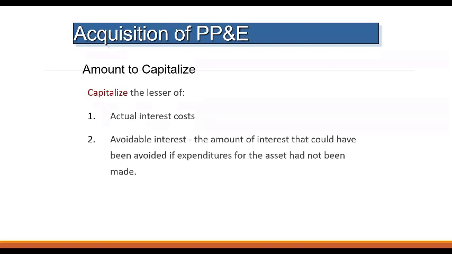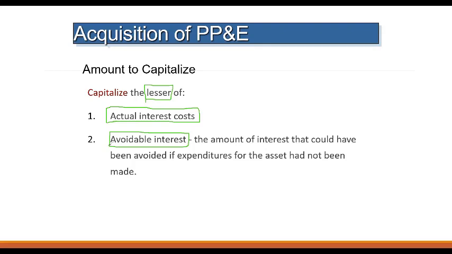We said that in order to capitalize, we are going to select the lower of the actual interest cost, which is the first item that will be calculated, and the avoidable interest. So we have to calculate two main amounts, the actual interest and the avoidable interest.